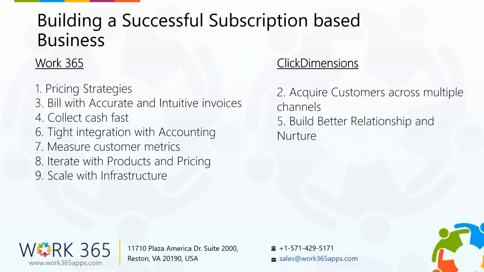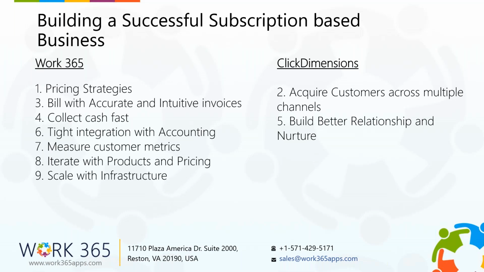So 7 of these things fit right into Work 365, where you can use Work 365 to build these pricing strategies. You get accurate and intuitive invoices. You're able to collect cash faster through the billing automation. There's accounting integration as well. And of course, having access to metrics and KPIs is really important.